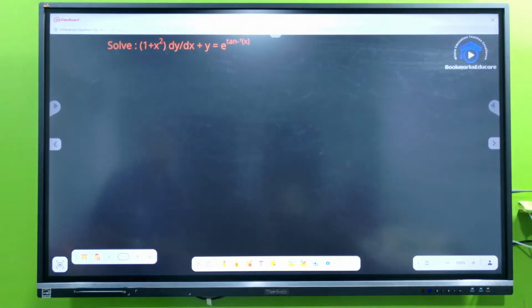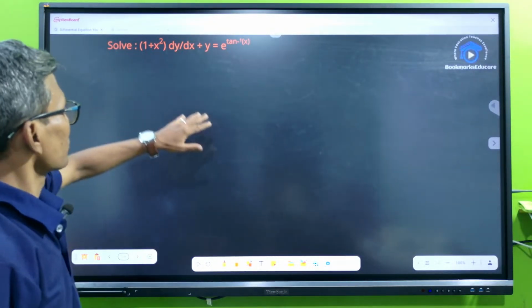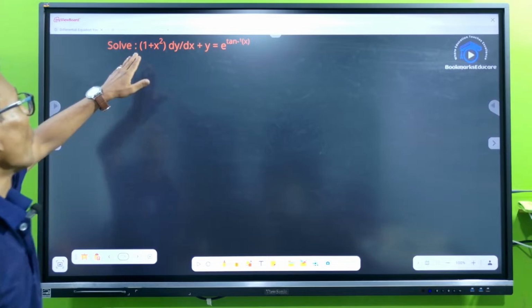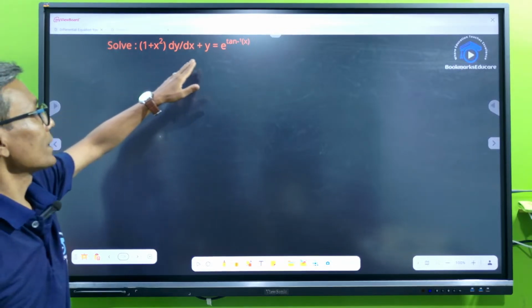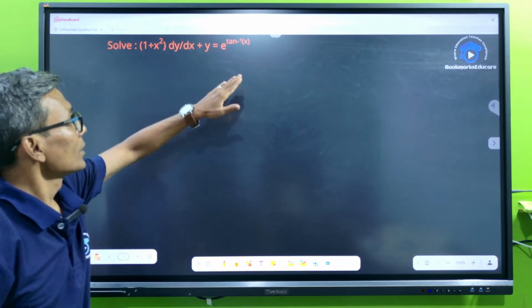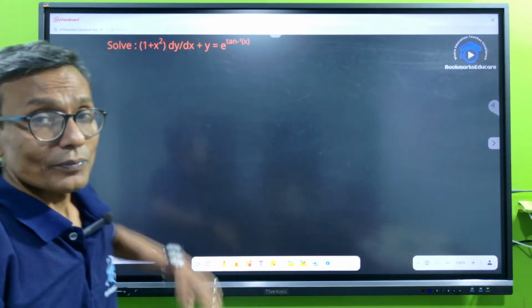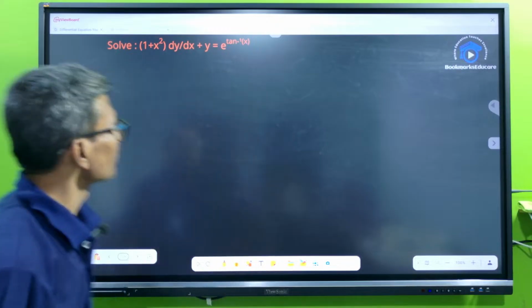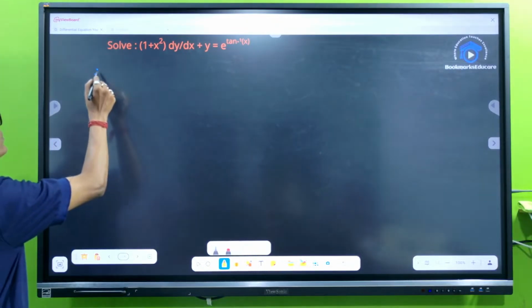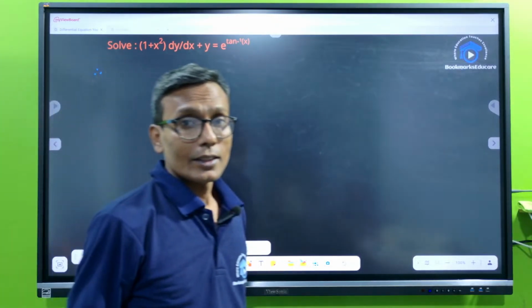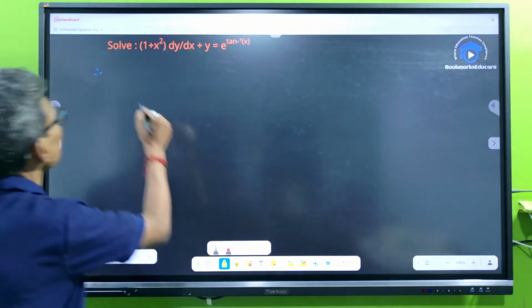Next sum is also based on differential equations, that is (1 + x^2) dy/dx + y is equal to e to the power tan inverse x. This is a linear differential equation. Why is it a linear differential equation?